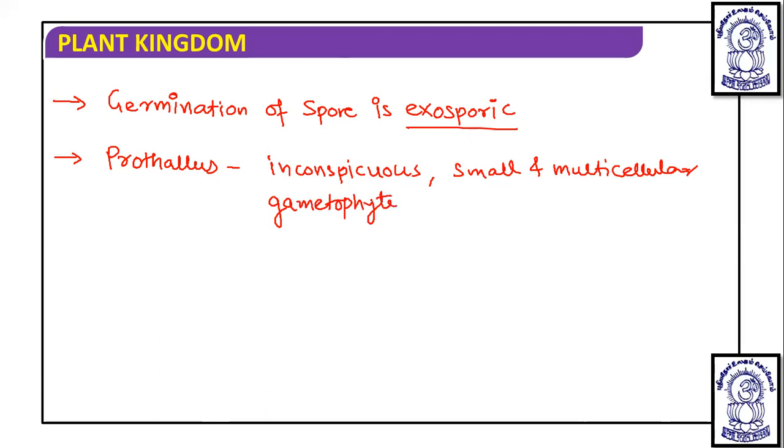Multicellular gametophyte. It is an inconspicuous, small, multicellular gametophyte, formed by germination of the spore, and it is known as the prothallus. This formation of the gametophyte takes place on the soil.